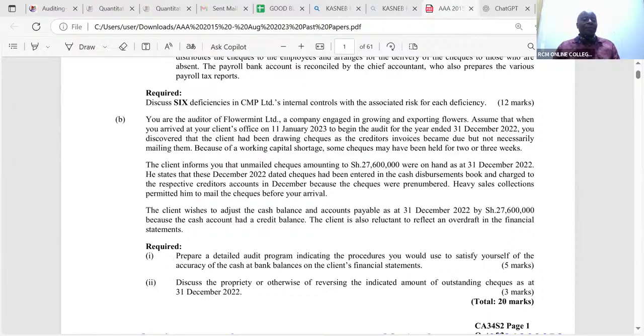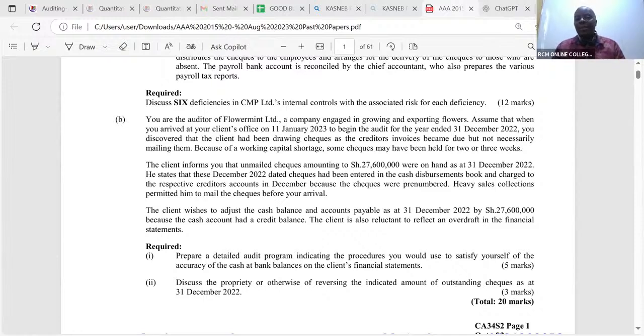All right, ladies and gentlemen, anything to do with the cash at bank, I will have to do inquiries. I would want in this case here to talk to the management. First of all, I get an assurance from the management that whatever figure that is on their financial statements is representing a true position.